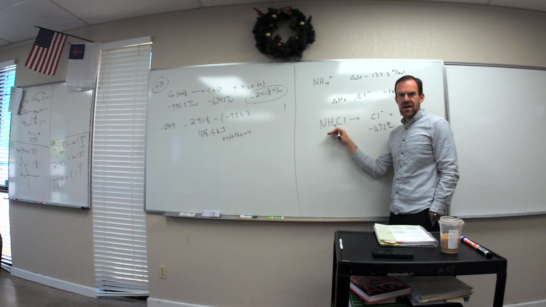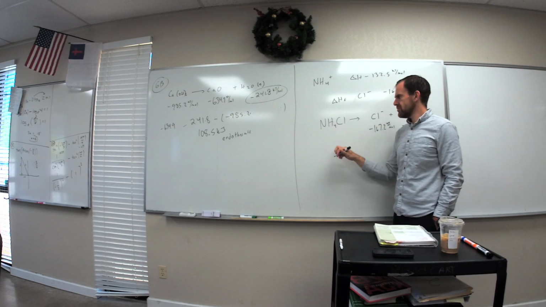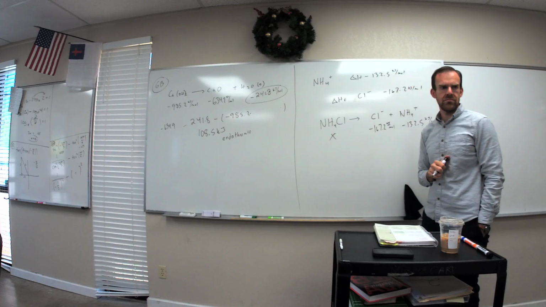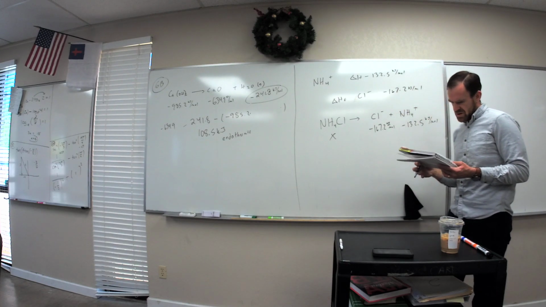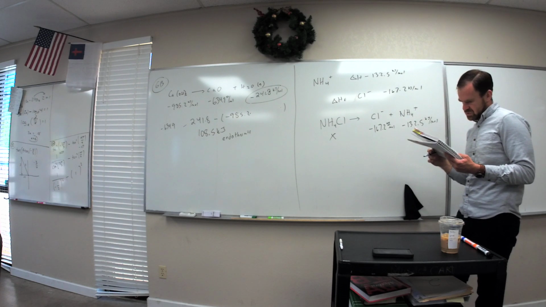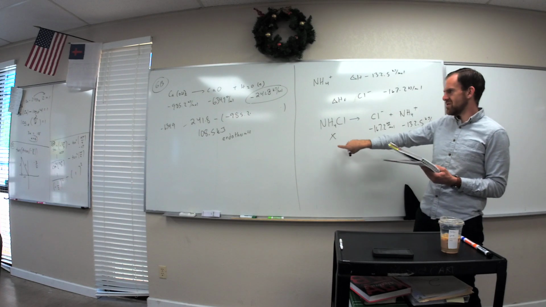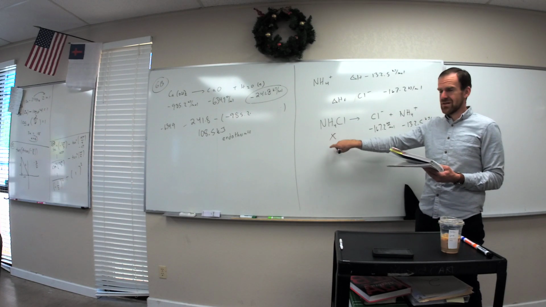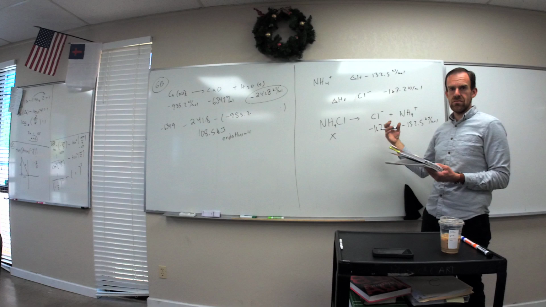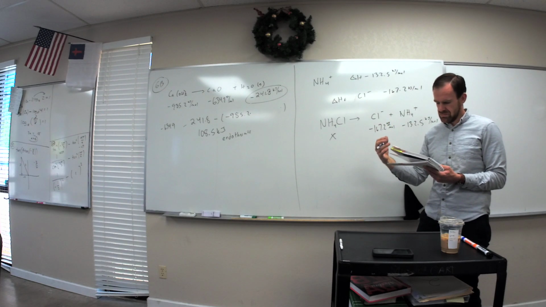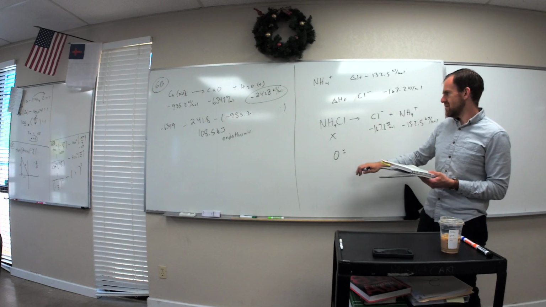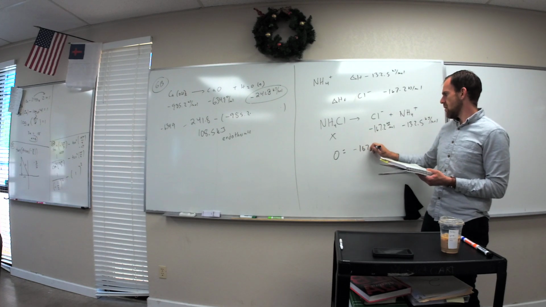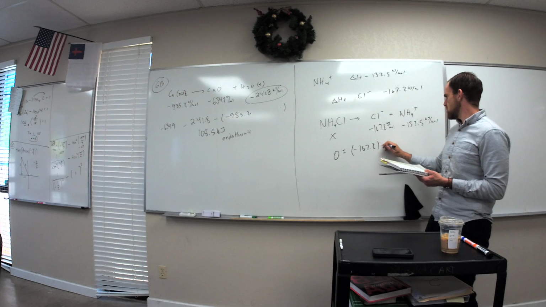So, can we figure out this guy? Sure. So what we're going to do is products minus reactants equals 0, because this thing is just breaking down. So we have 0 equals this minus x.